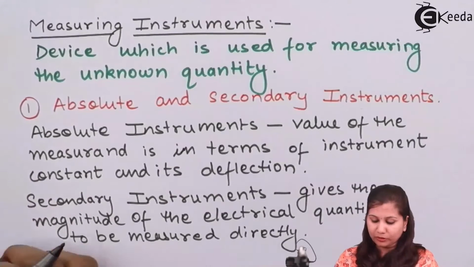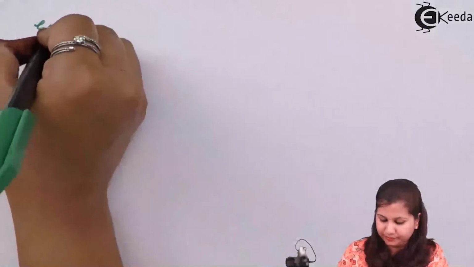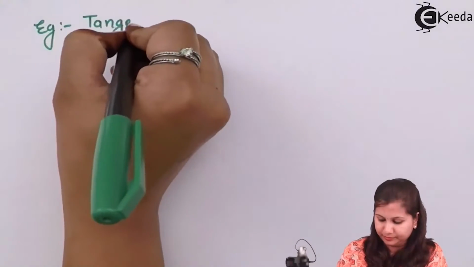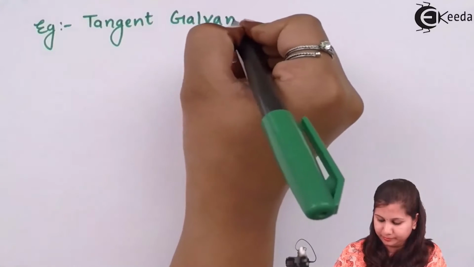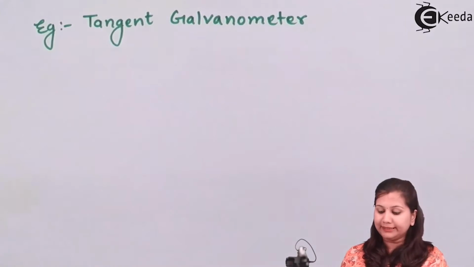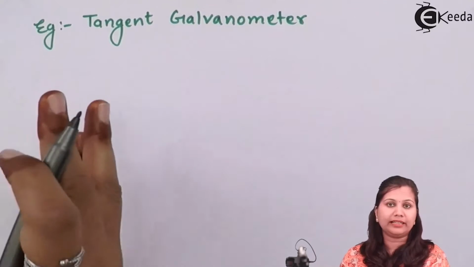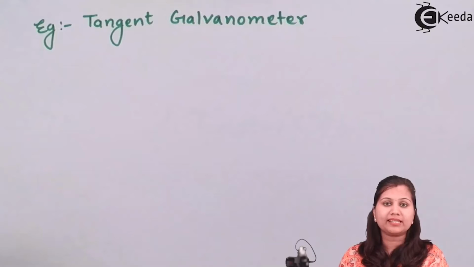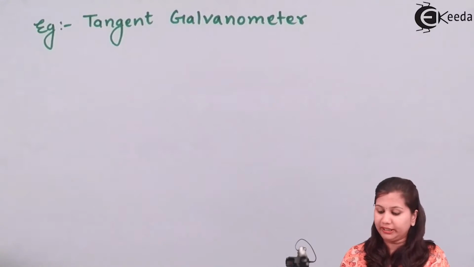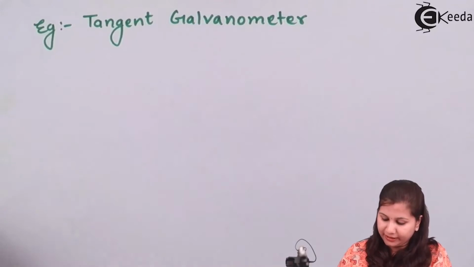Now, an example of an absolute instrument is the tangent galvanometer, because it provides the value of the unknown quantity in terms of its constants.